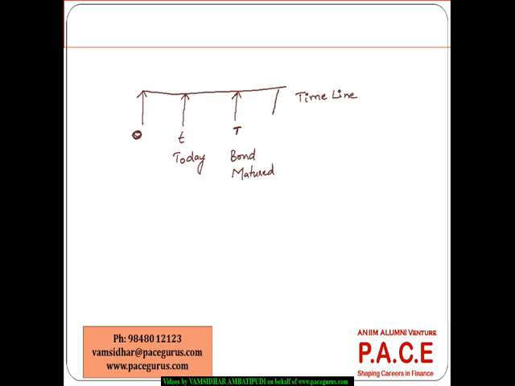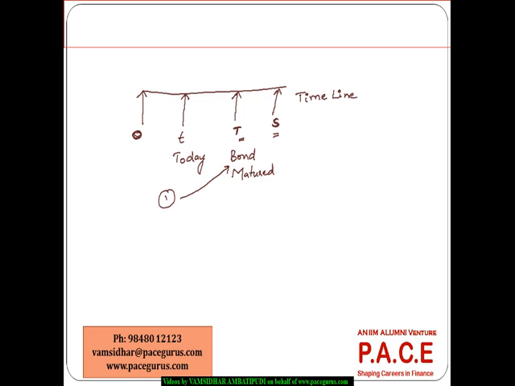Or you take one more time period S, where a loan might get initiated at time period T and would be paid off by time period S. So take the meaning of T in two different cases. In one case, T is the time at which a particular bond that was issued is going to mature.